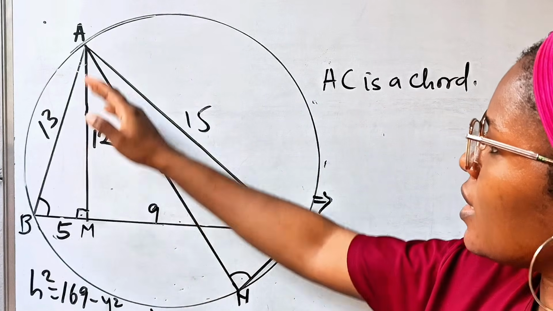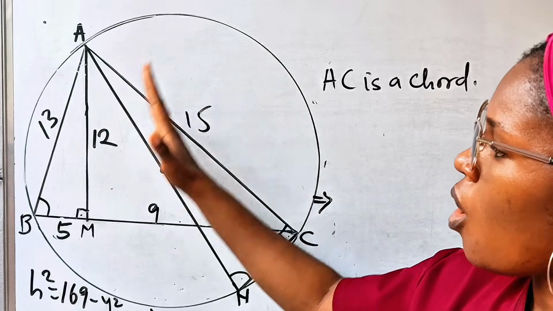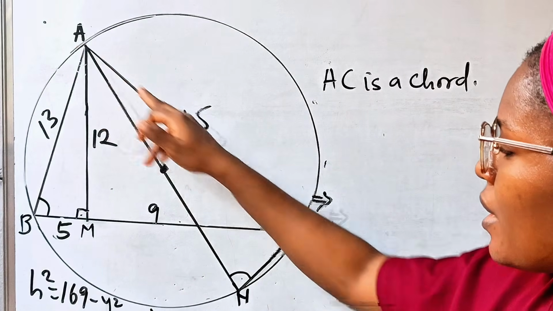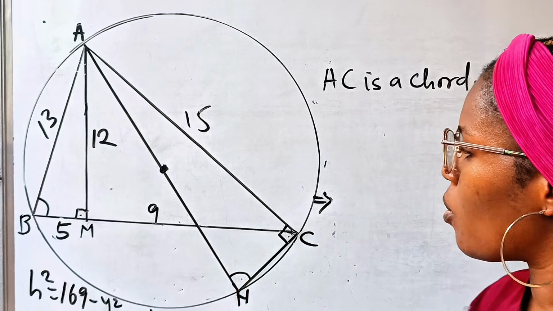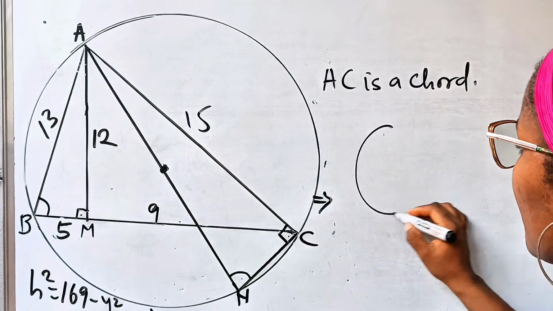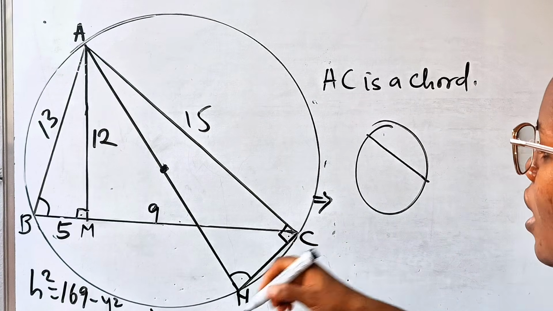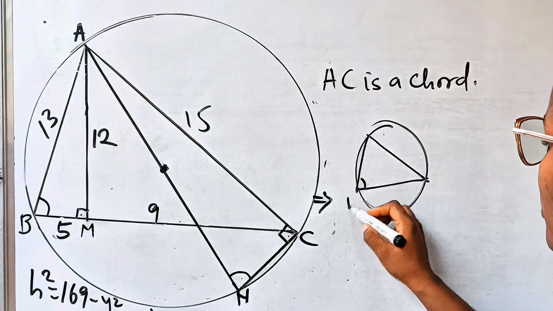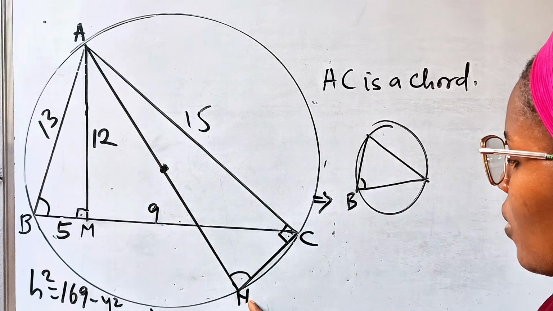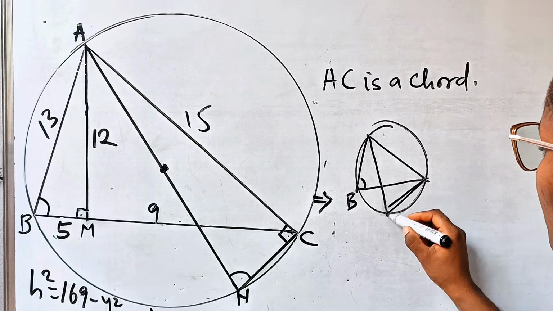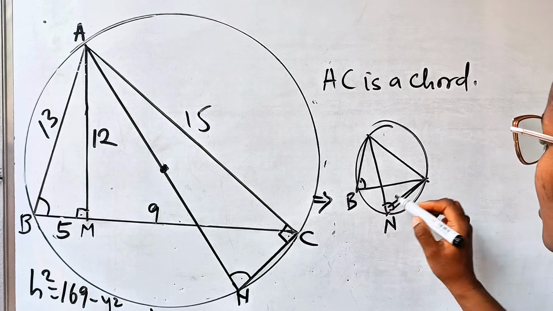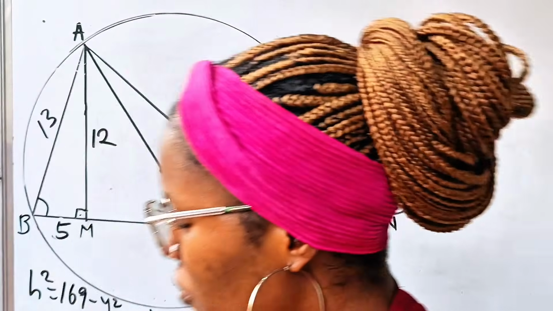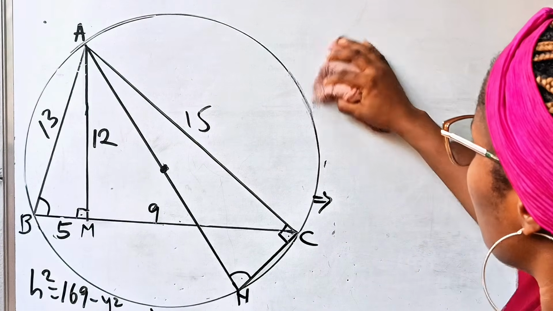Angles subtended by the chord of a circle on a segment are equal. So this is the chord, and it subtends angle B at the circumference, and also subtends angle N at the circumference. So this and this are equal because both of them are in the same segment of the circle. Therefore, they are equal.